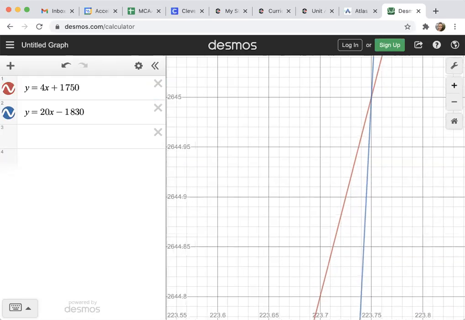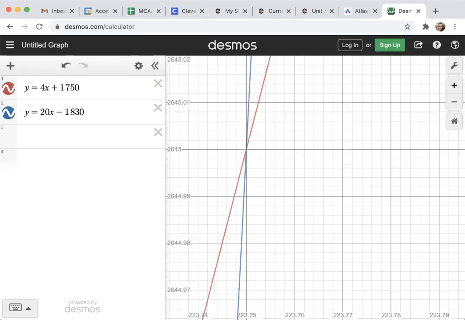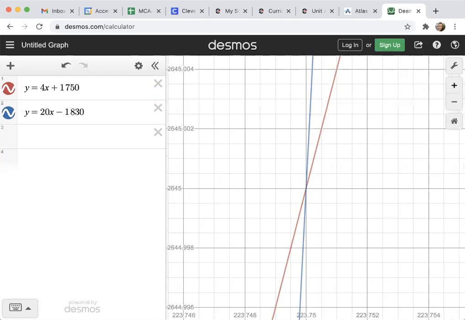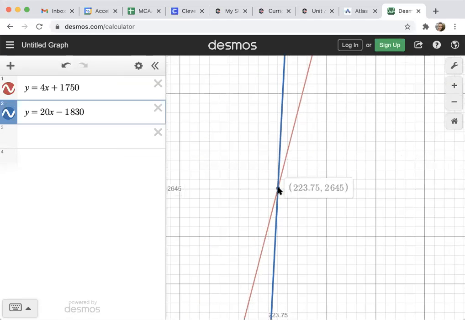I'm not sure if that's 0.75 is right or not. That's why I keep zooming in. Okay, so the X value is 223, or basically 224 books.